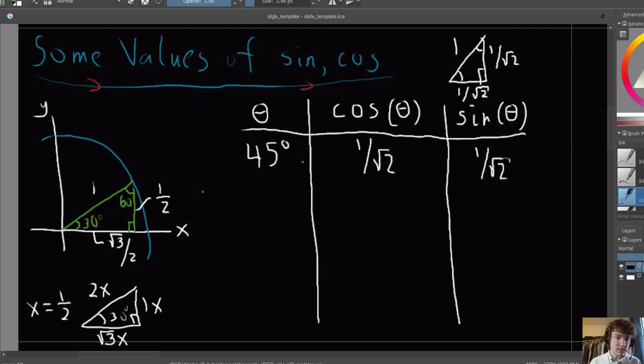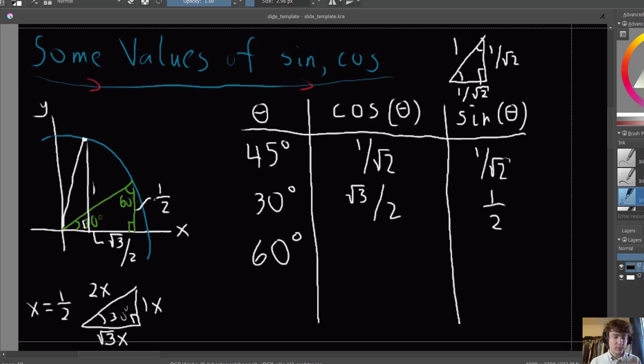Good. So now we've figured out the sine and cosine of 30 degrees. For 30 degrees, the x coordinate we've just found is root 3 over 2, and the y coordinate is 1/2. But the nice thing is that we actually get a second point evaluated for free, because if we go to 60 degrees, which is up here, that triangle has the same side lengths as the other triangle, because both triangles have a right angle, a 30-degree angle, and a 60-degree angle.